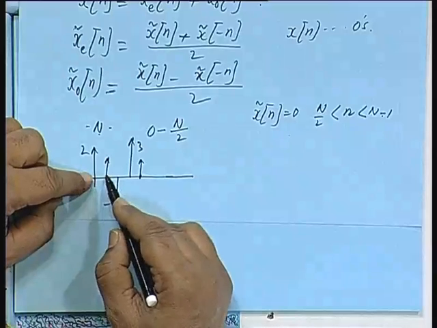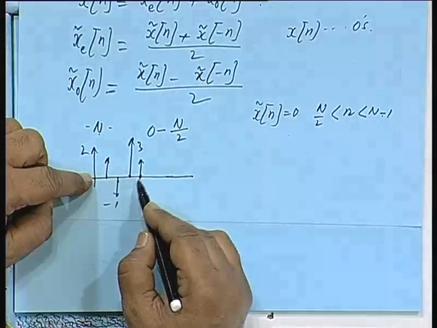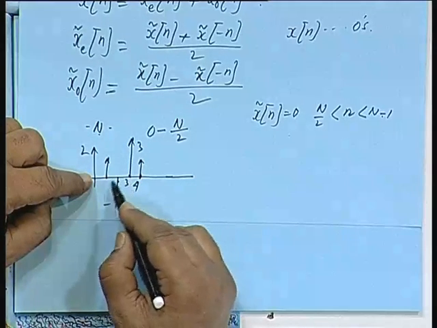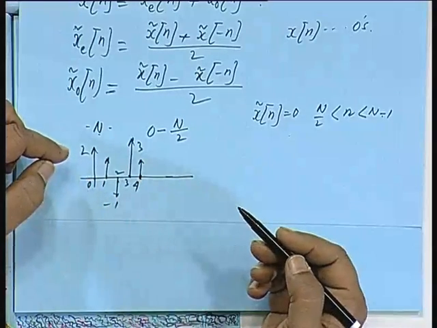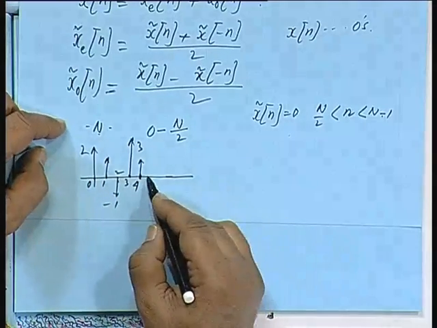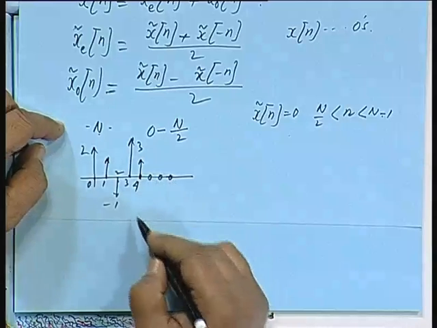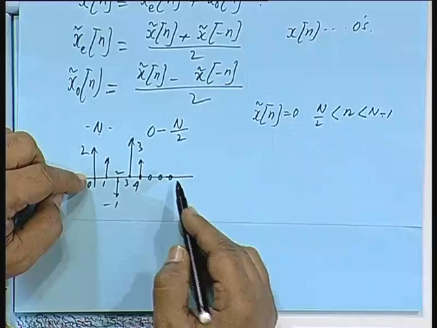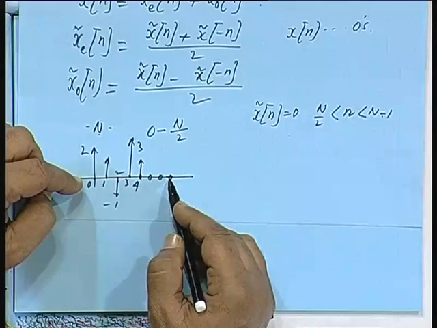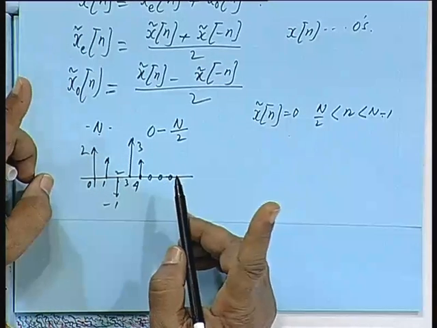This is index 0, 1, 2, 3, 4. So, 4 multiplied by 2 is 8. So, 5, 6, 7. This is an 8 point sequence. So, I create an 8 point sequence by appending 3 zeros, all right. 8 divided by 2 is 4.